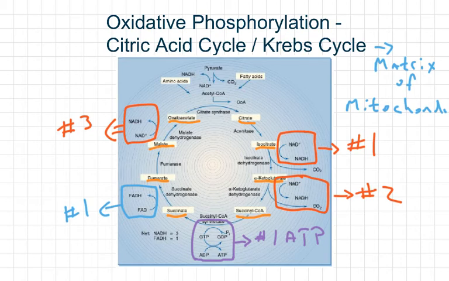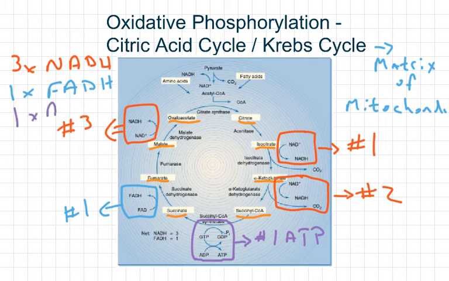So to sum up our products during this entire process, we create 3 NADH, 1 FADH, and 1 ATP.